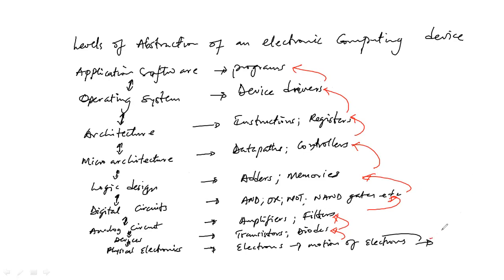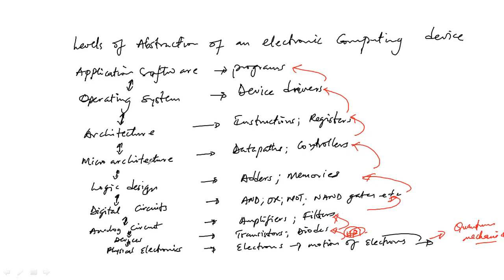So at this level, we deal with quantum mechanics and Maxwell's equations. So for the devices, we talk about the electrons, the devices, the transistors and diodes put together, and all of that.